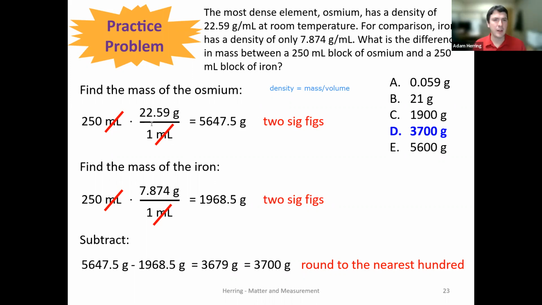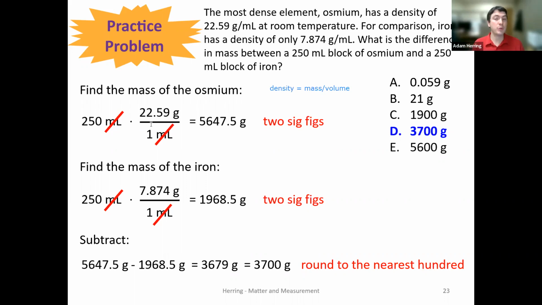Another thing to consider is thinking about this in terms of the units. When we solve problems, a lot of times you can figure out what path you need to take just by looking at the units of your final answer, the units of what you have to start with, and thinking about the relationship between them. So we knew that we wanted to find a mass, and we were given a volume.